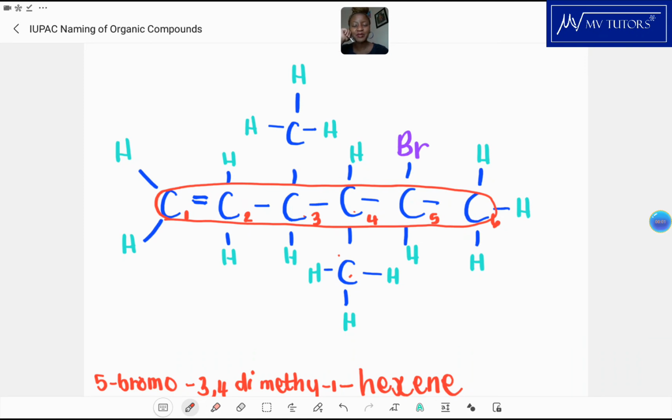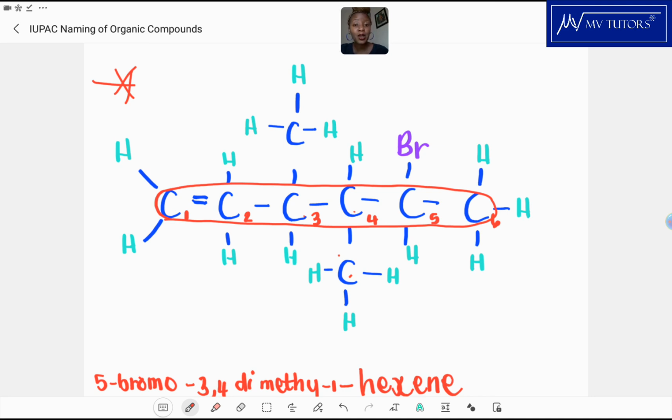Hi guys, just a bit of a correction with this example that I did there. In real life, you'll never get a haloalkene. If you're going to add a halogen to an unsaturated organic compound, like an alkene here, this double bond will break, and then you'll have single bonds and therefore a haloalkane.